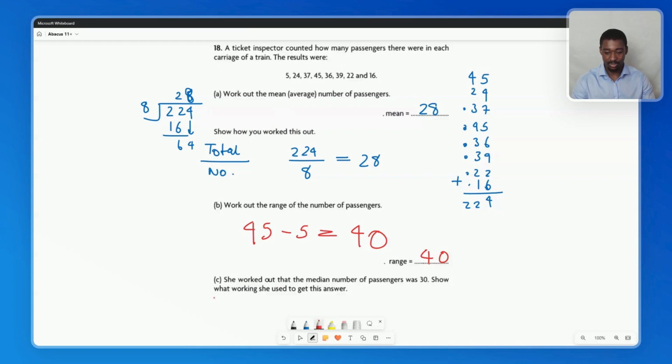So let's do that and try and get it right. 5. Next is 16. Next will be 22, then 24. What's next? It's going to be 36, 37, 39.